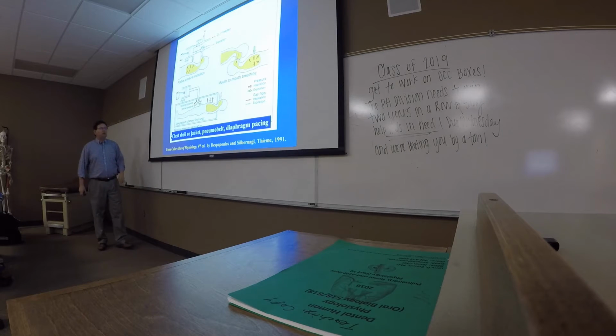The longest-lived person in an iron lung, she just died about 6 months ago. She lived in Tennessee. She was in an iron lung for something like 65 years. She was in the iron lung the entire time.